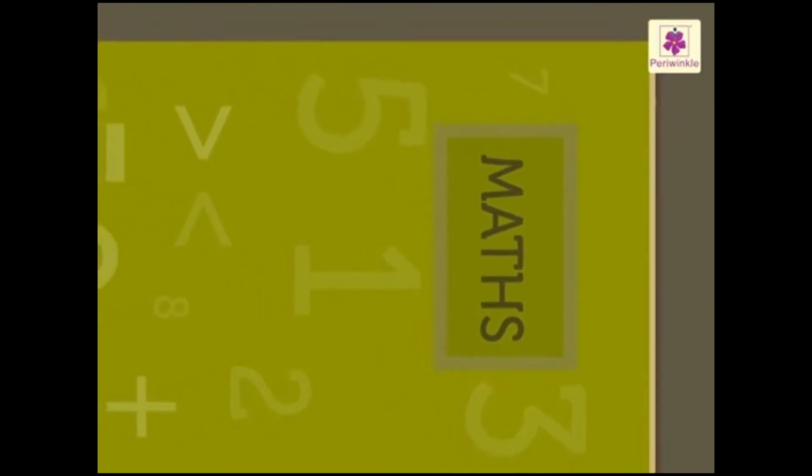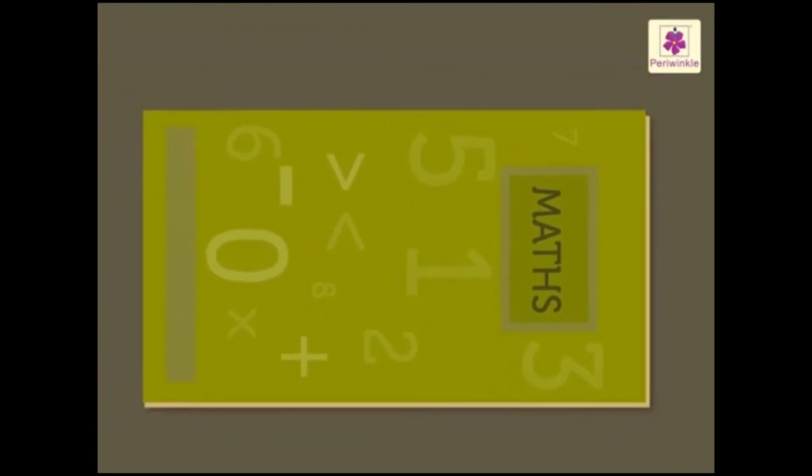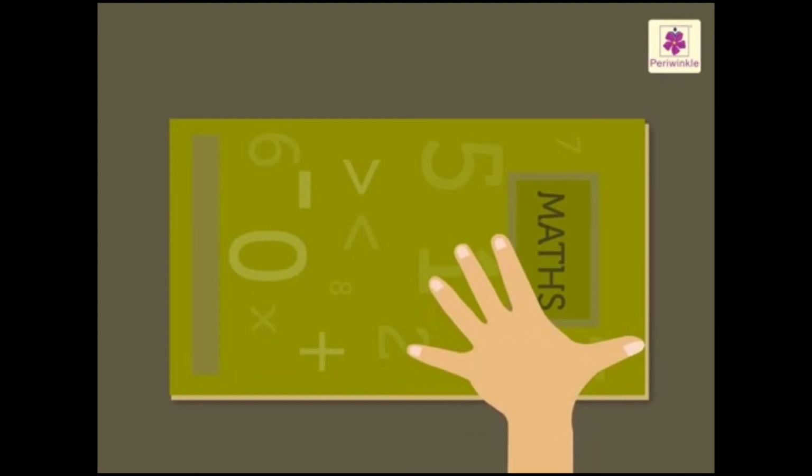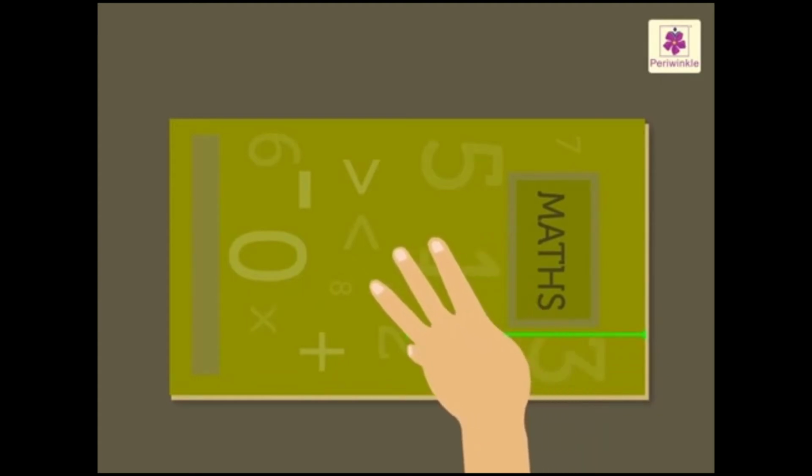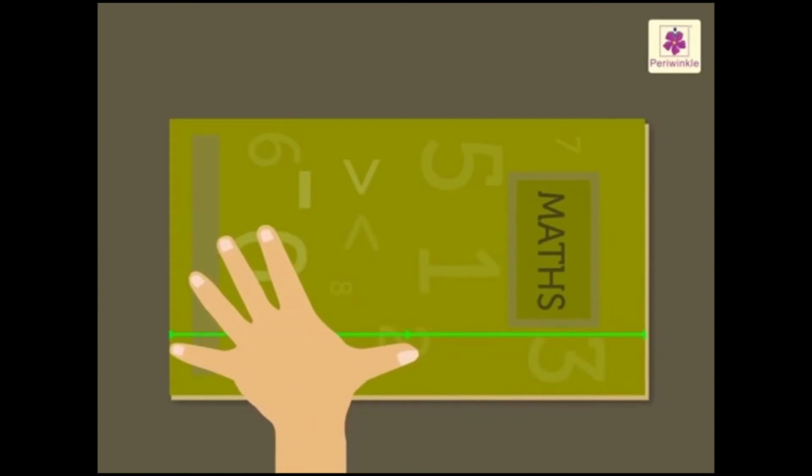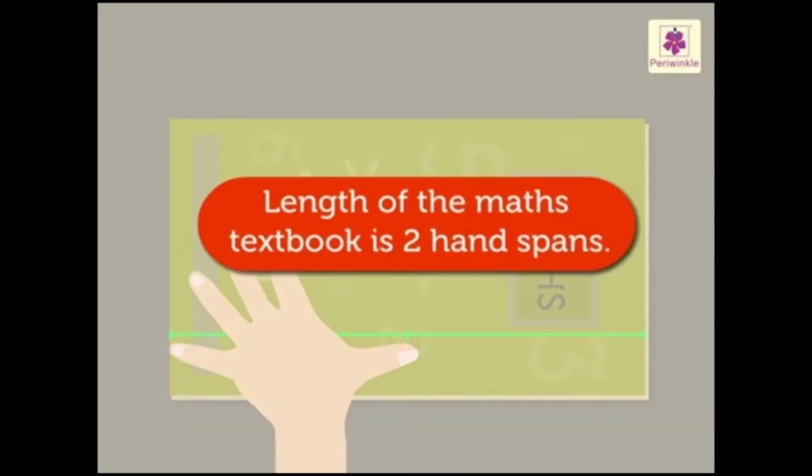Lisa is measuring her maths textbook with the help of handspan. Let's measure 1, 2. So, the length of her maths textbook is 2 handspans.